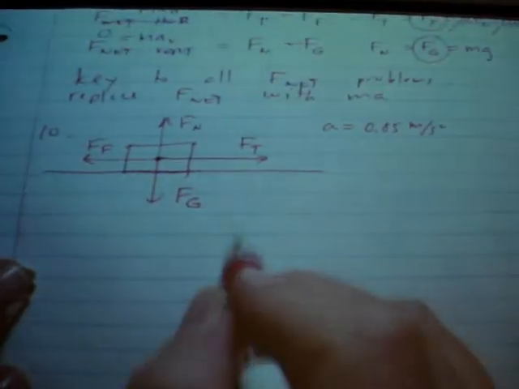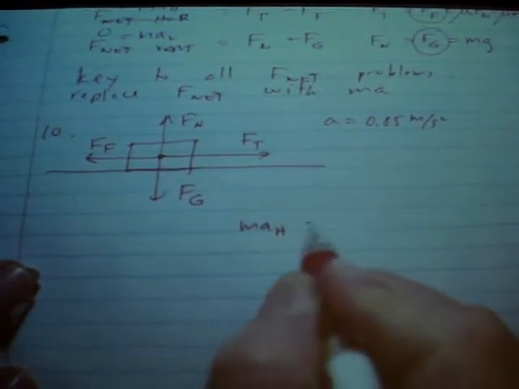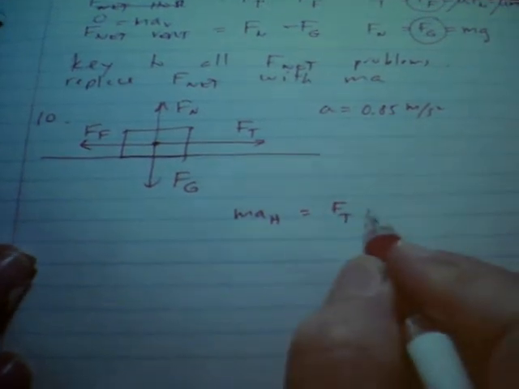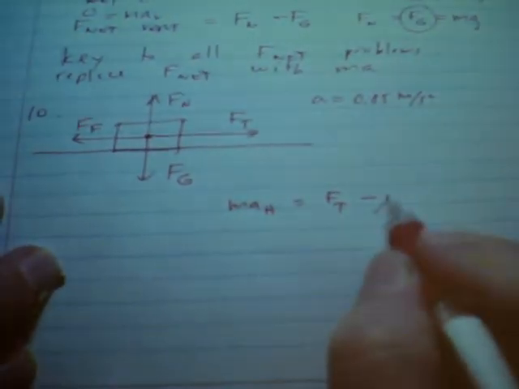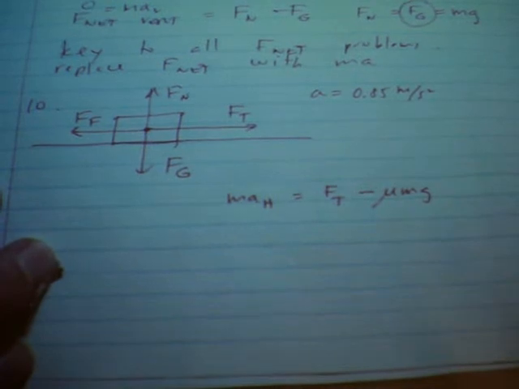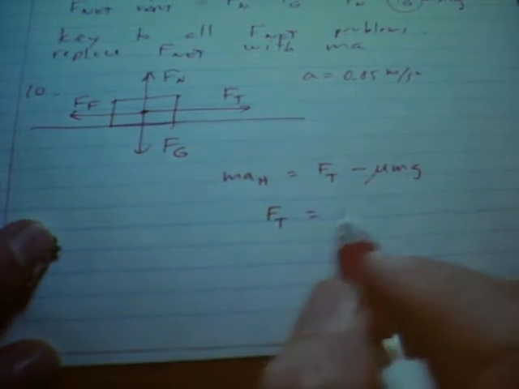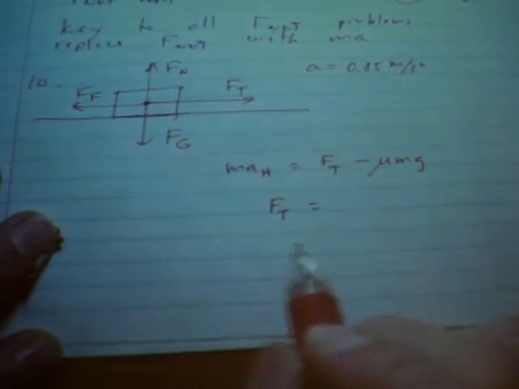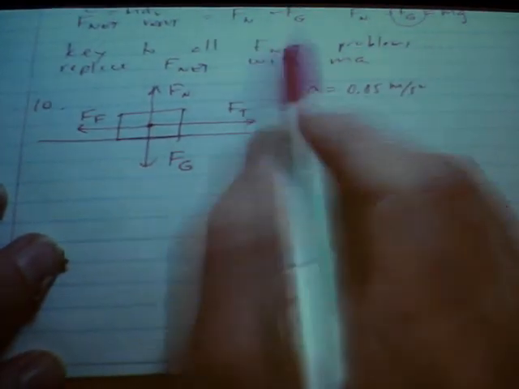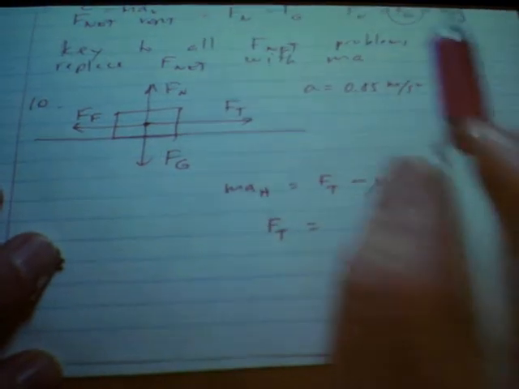This is ma horizontal equal to the tension minus friction force, which is still mu mg. And you have to solve for the tension. You always solve for the tension, and you always solve for the normal force. It's always going to be equal to something else.